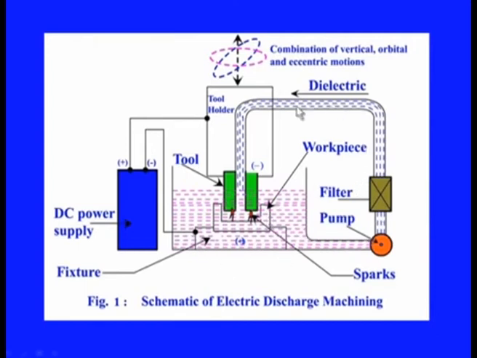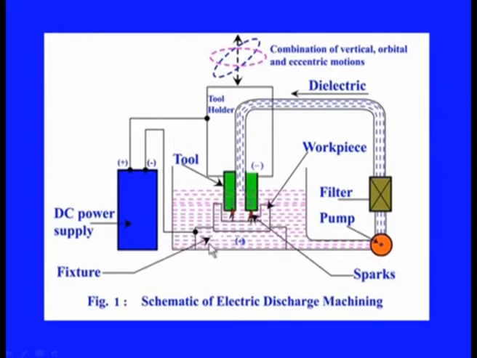Now, this is the tool which will be continuously advancing through some control mechanisms that is connected to the machine tool, and the sparking will take place in this zone, that is it is shown as a spark also, and this is the fixture which is generally an insulated fixture, because this workpiece is directly connected to the power supply.